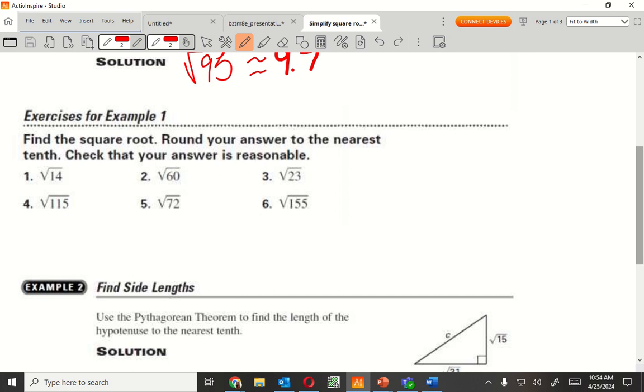Plug it right into the NumWorks, just like I did on the board.